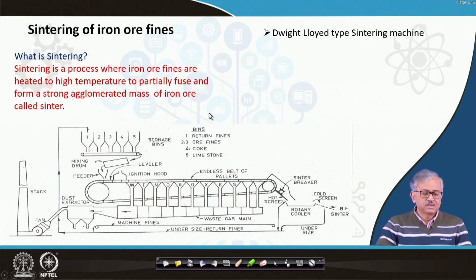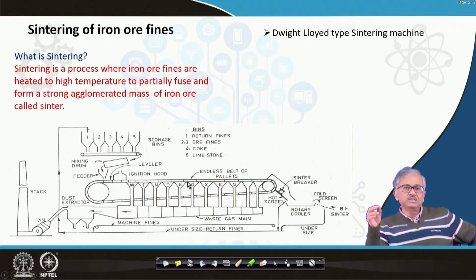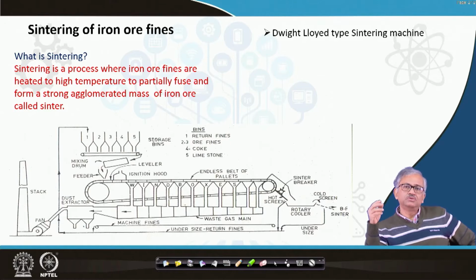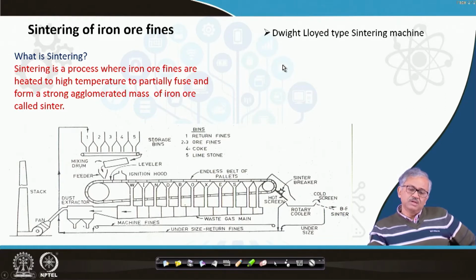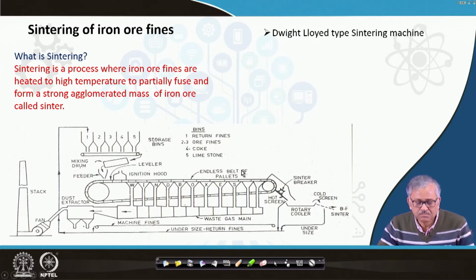The second thing is the machine that is used for sintering, called the Dwight Lloyd type sintering machine. This machine was originally used in the copper industry for preheating the copper ores, and now it is used for all sintering purposes. In this machine, there is an endless belt of pallets.